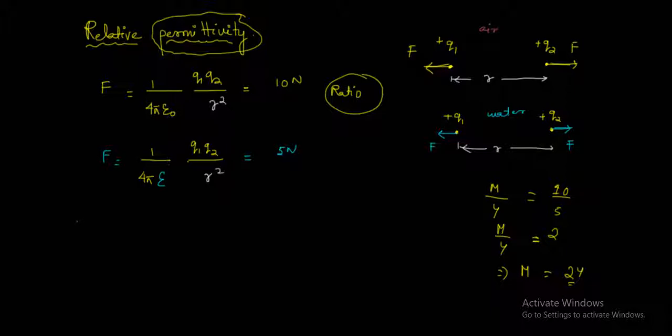the force in air to the force in water, and if you want to solve this, the force in air is 1 by 4 pi epsilon naught q1 q2 by r square, and the force in water has the same values, with 1 by 4 pi epsilon, and the rest is the same, q1 q2 by r square.